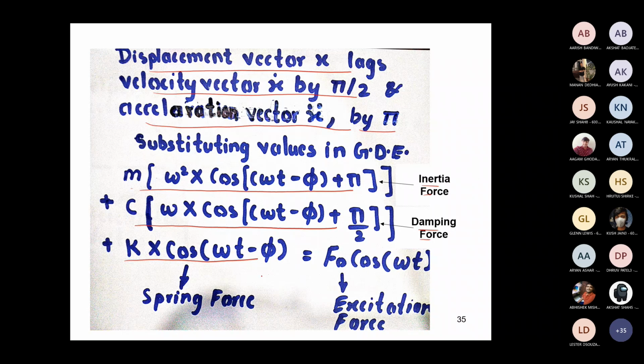All these forces are added, and it is equated to the excitation force on the right hand side. Any questions? So we have decomposed that governing differential equation into three components: the inertia force, the damping force and the spring force.